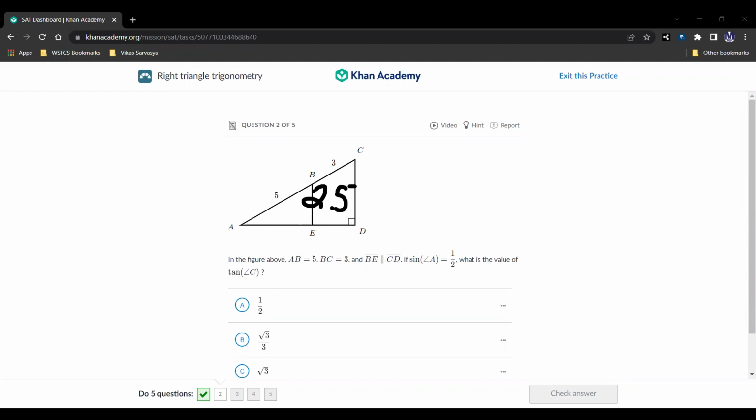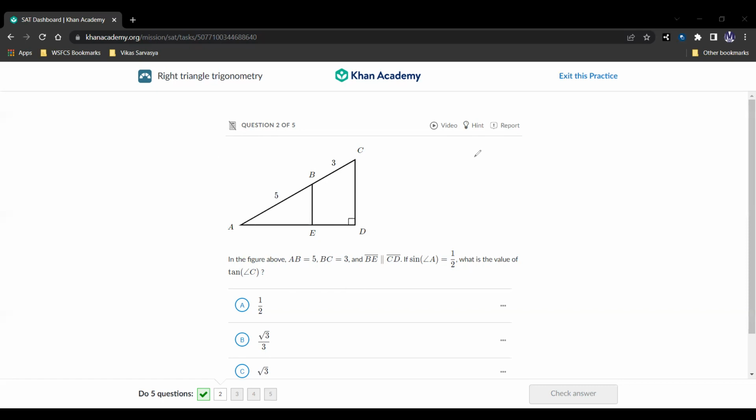Now tangent of C, well, actually, let's think about a couple things. 2.5 here. By the Pythagorean theorem, AE is going to be 2.5 root 3. Which means that we have this 30, 60, 90 triangle, and CD is going to be half of the hypotenuse.